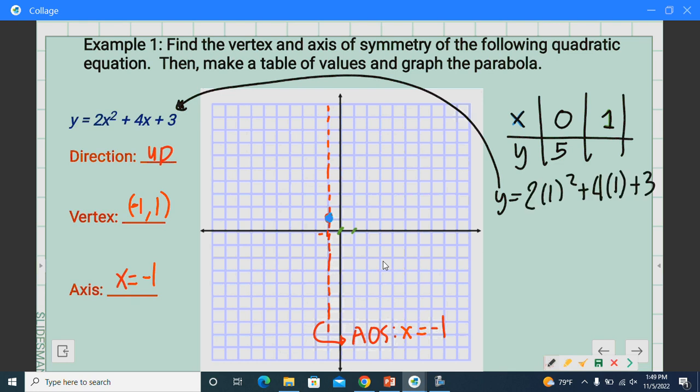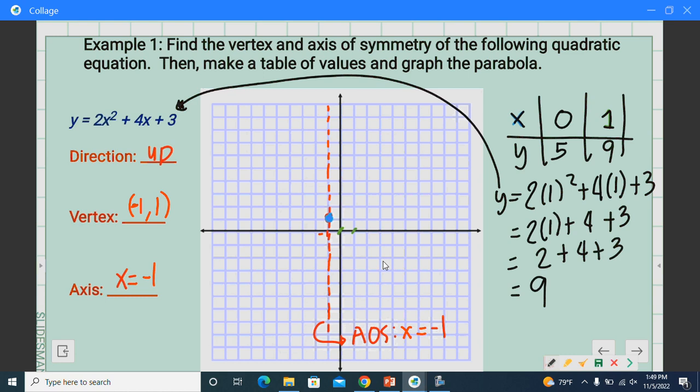And that will give us 2 times 1 squared is 1... 2 times 1 is 2, plus 4 plus 3. So you have there 2 plus 4 plus 3. That would give us 9.